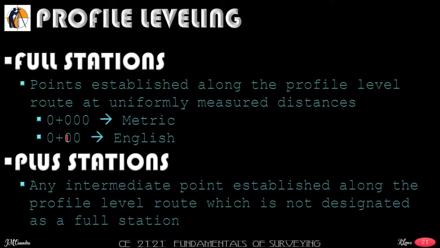So 0 plus 10 means 10 feet away from your starting point. 1 plus 00 means 100 feet away from the starting point. So if we have, for example, 0 plus 55, and your full stations are at 10, 20, 30, then 55 is a plus station. We'll have examples later on to further understand the difference between full and plus stations.